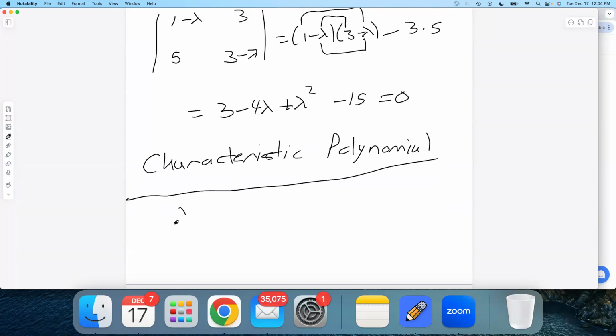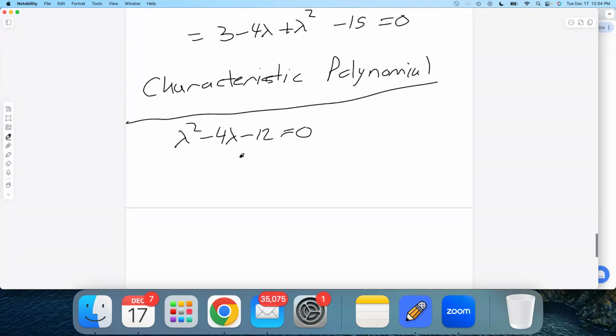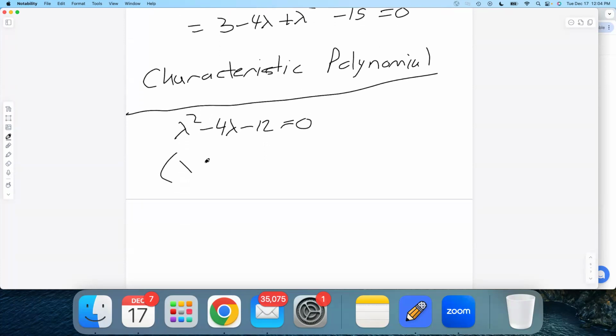So what do we get here? We get lambda squared minus 4 lambda minus 12 equals 0, because we got 3 minus 15. All right, that's easy to factor: lambda minus 6 times lambda plus 2 equals 0, and we get 2 different eigenvalues.